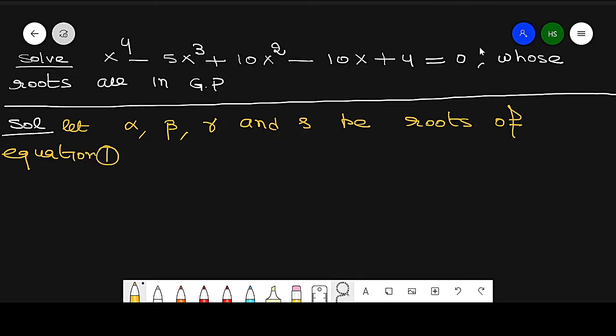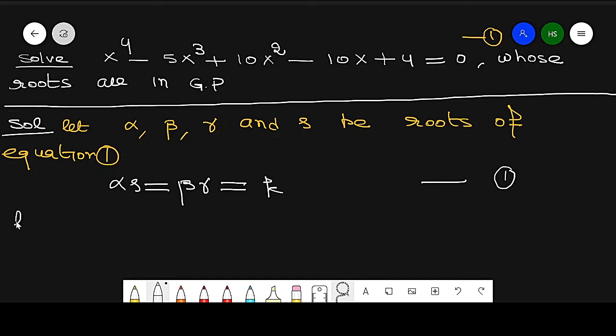Since the roots are in GP, the product of two roots is equal to the product of the other two. Say it as K.